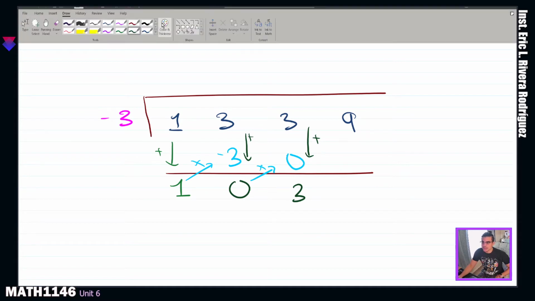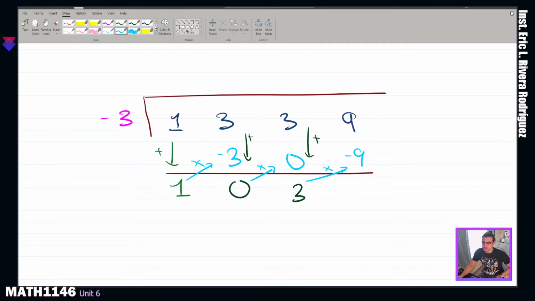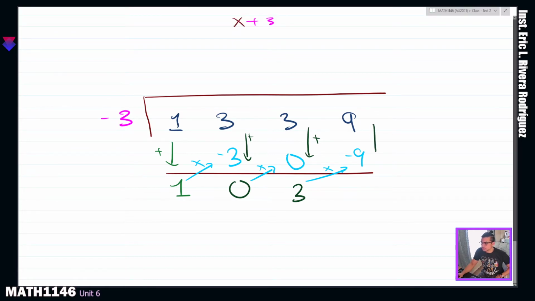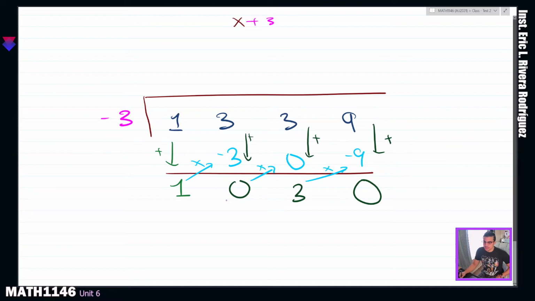Going up, we multiply. What we multiply? This 3 times -3, -9. Going down, we add. And then we are getting a 0 here. From here, there are two groups that we need to take into consideration.